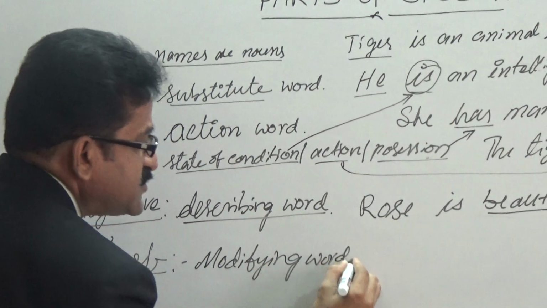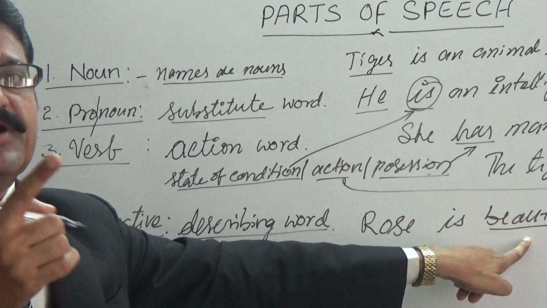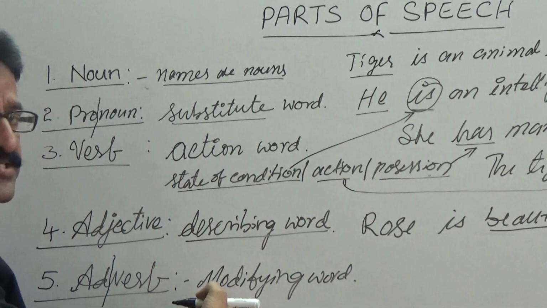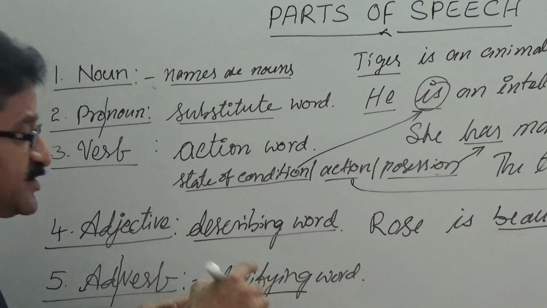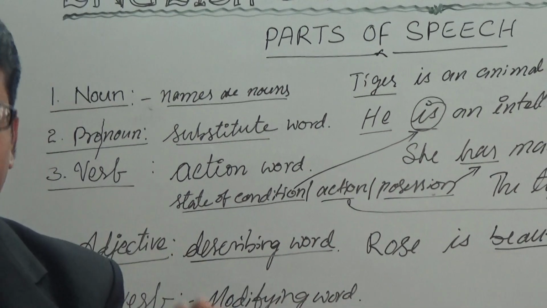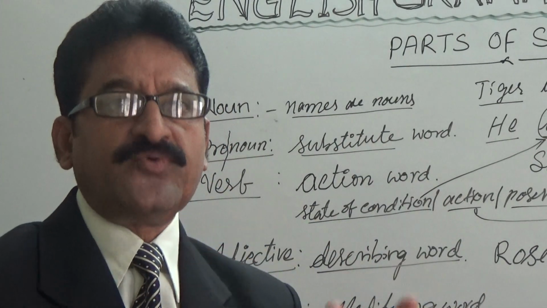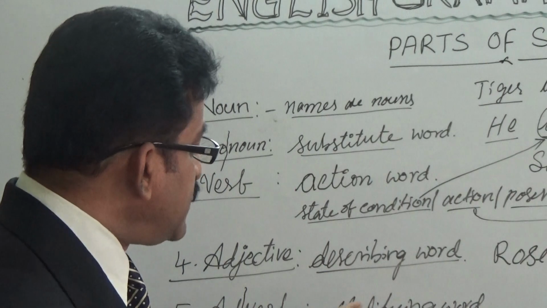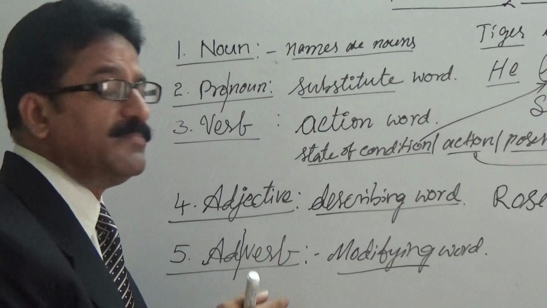It modifies the meaning of an adjective or an adverb or a verb by adding something. An adverb is a modifying word which modifies the meaning of an adjective, a verb, or an adverb.